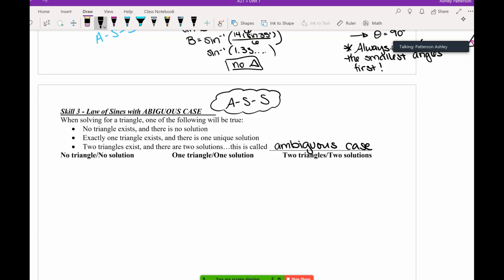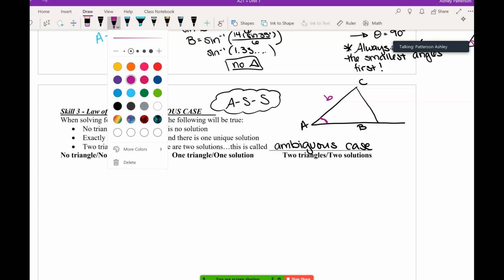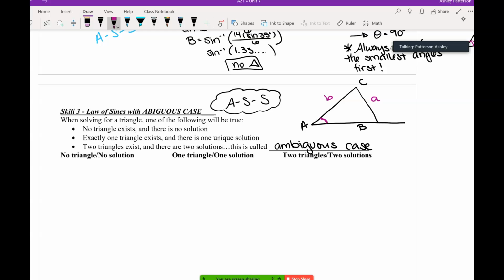Now, how the heck do we figure this out? Well, think about if we're given angle, side, side. So I'm just going to label this A, B, and C. And we will be given angle A, and we will be given little b. And for the time being, we'll just draw little a like this.